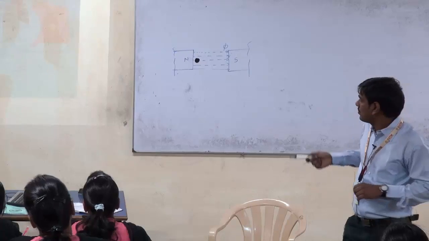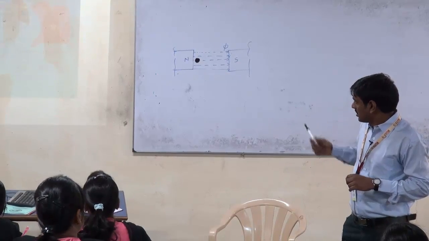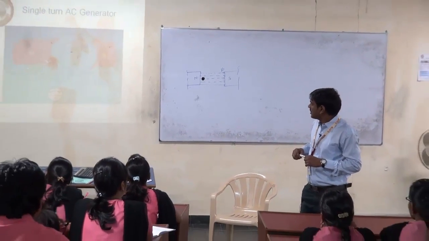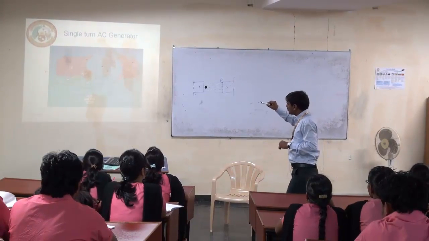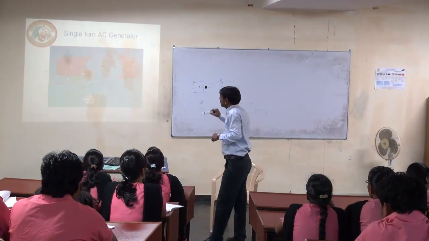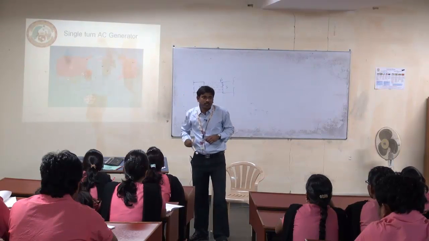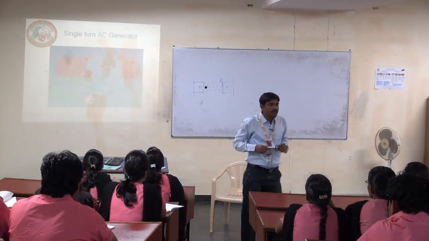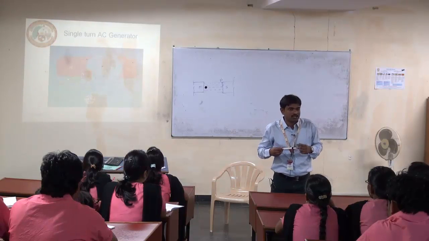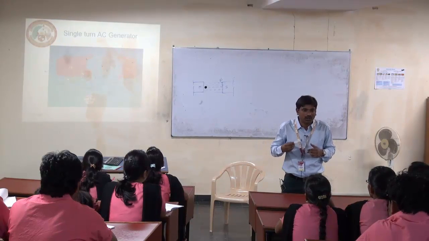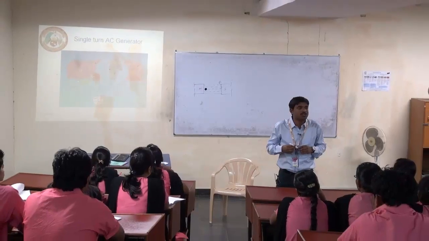Now to make current flow through the load, we have a conductor and we place the conductor in the magnetic field. So what do we have to do now? We have to move the coil. That is the third requirement, the motion of the conductor.